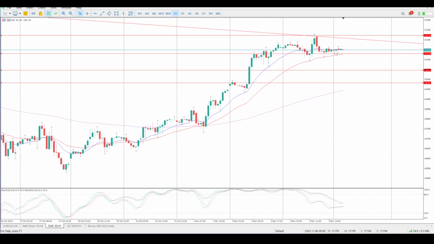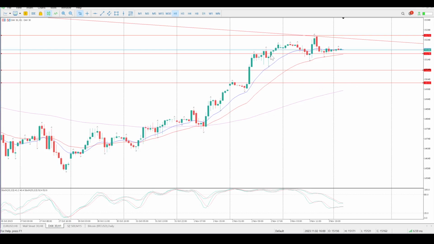So if we just range there, that's perfect. I get a break of Friday's high and a retest of 15,270. Then it's onwards and upwards, and we're looking for a trade to the upside. If we start getting a break of it to the downside, then we're looking further down. We're looking at 15,094, and we're looking at this one here at 15,030 for a move to the upside.